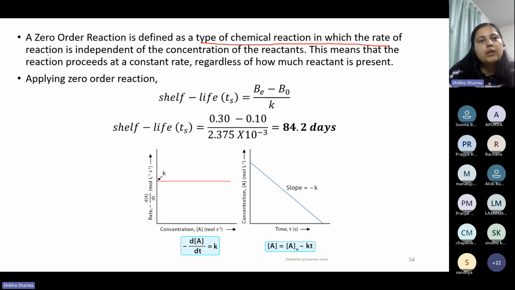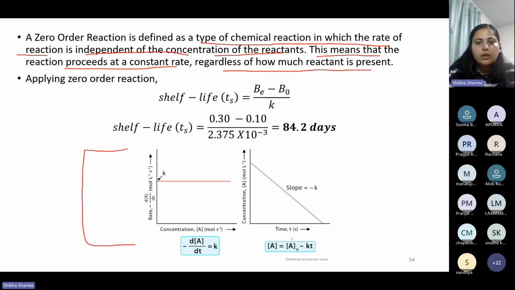which the rate of reaction is independent of the concentration of the reactants. That means the reaction proceeds at a constant rate regardless of how much reactant is present. So this is the plot where we can see that this K, which is a slope, is minus dA by dt.